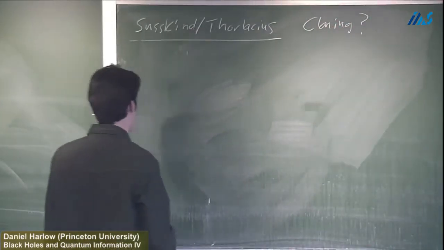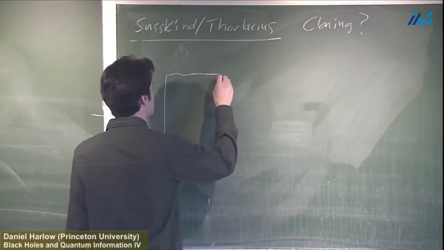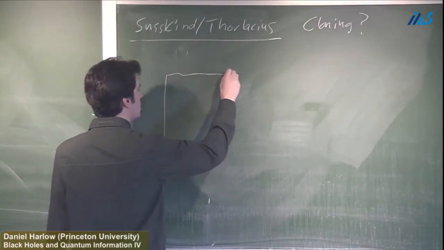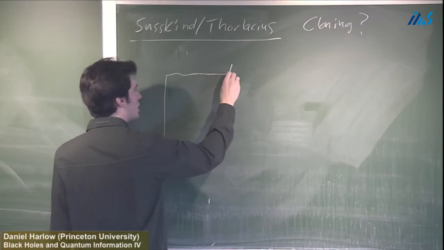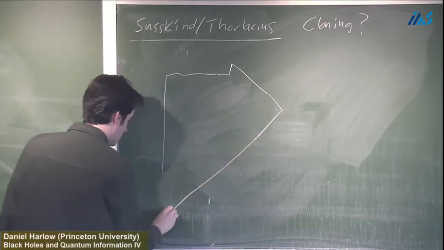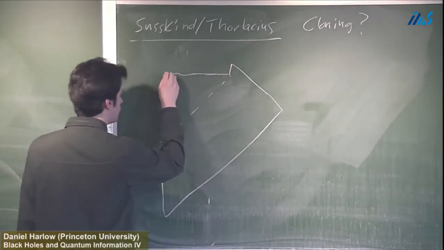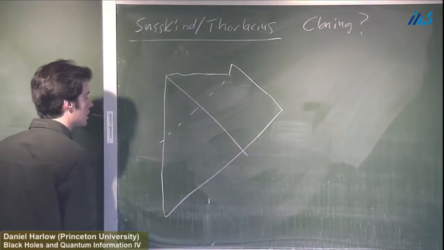Okay, so here's the idea. Now I'm going to draw an interior again. When the black hole is evaporating, sometimes people like to stick this part up here, although it won't matter too much for what I'm saying. So then here's the shell that I made the black hole out of.